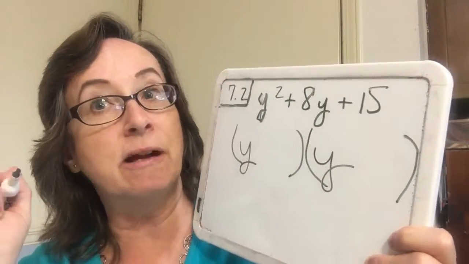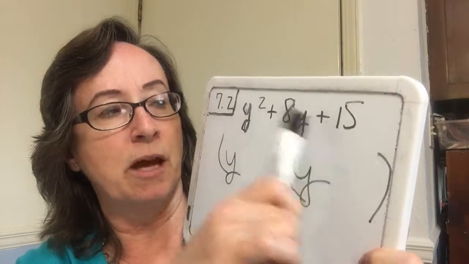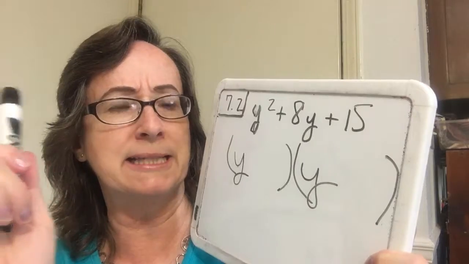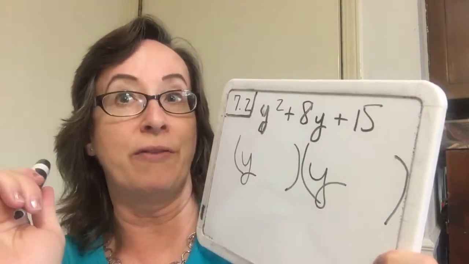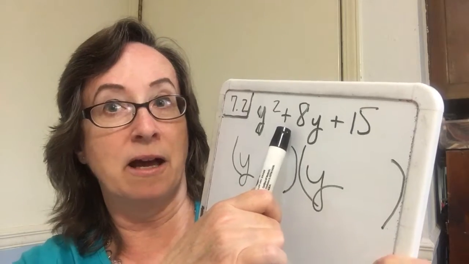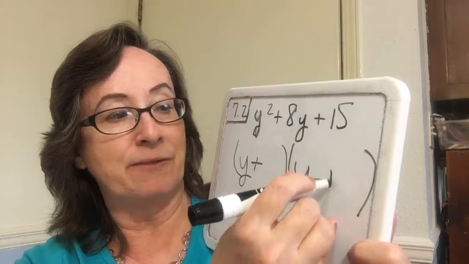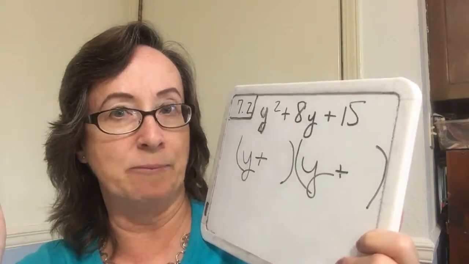Now my signs are always talking to me. Remember, I have a positive sign on the last term, which means that both of my signs here and here are the same sign. And then because the middle term is also positive, that means that I have 2 positive signs, and I'm done with that.